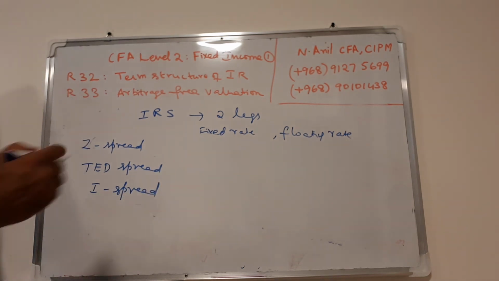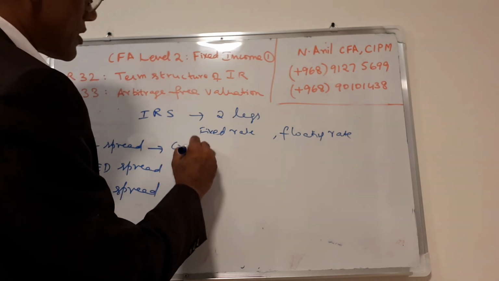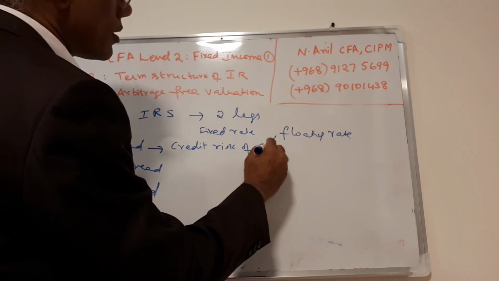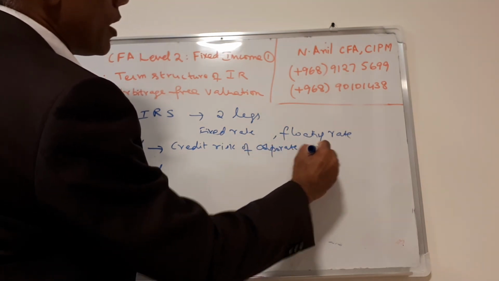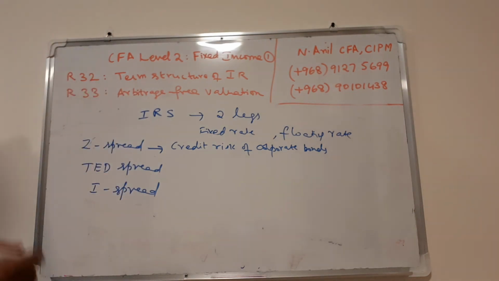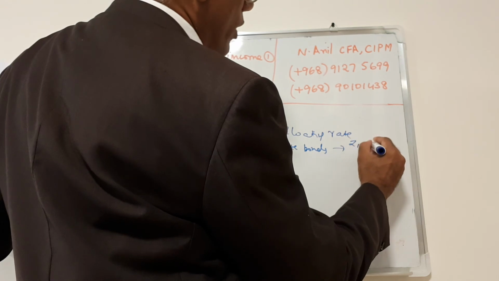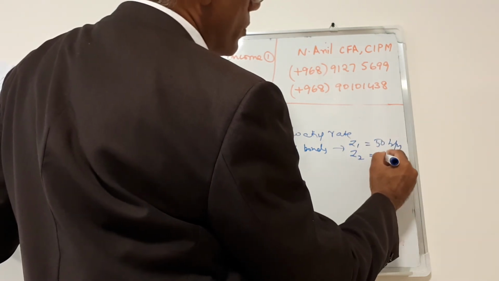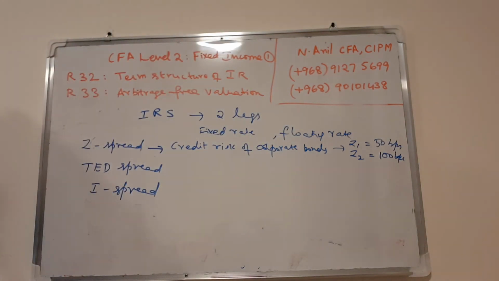So Z spread basically measures the credit risk of corporate bonds. So which is riskier? A bond with a higher credit risk will have a greater Z spread. Say bond 1 has a Z spread of 50 basis points, bond 2 has 100 basis points, like that. So that indicates the credit risk.